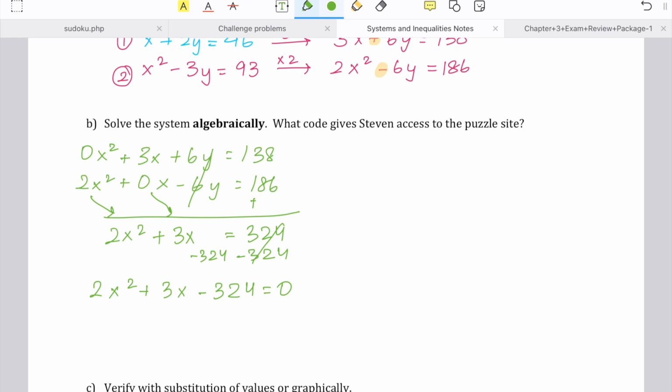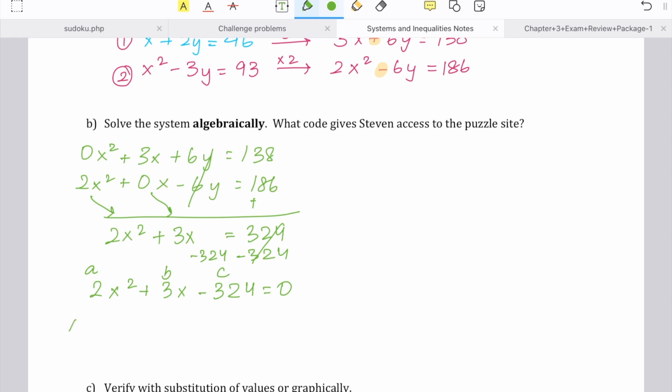Now, you'll have to find the value of x. This doesn't have any product sum factor. So if we cannot do product sum factor, what's the second way we can solve a quadratic equation? Quadratic formula, right? So a is 2, b is 3, and c is negative 324.